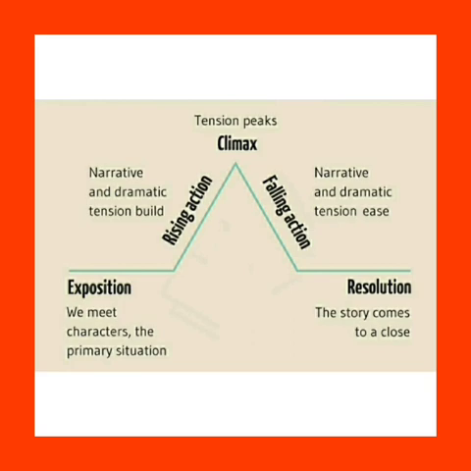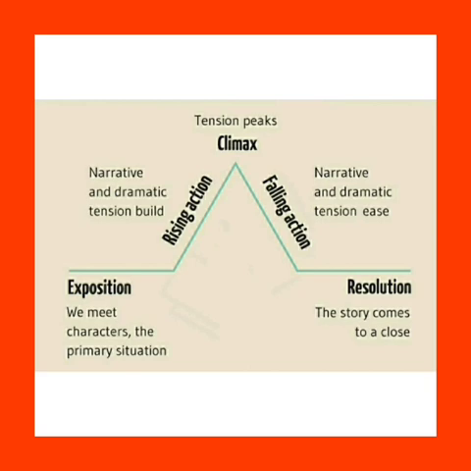Then after exposition, rising action, where narrative and dramatic tension build. Finally, climax, where the tension peaks. And then falling action, where narrative and dramatic tension ease. That is when it is in the comfort zone. And finally the resolution, where the story comes to a close, or the story comes to an end.